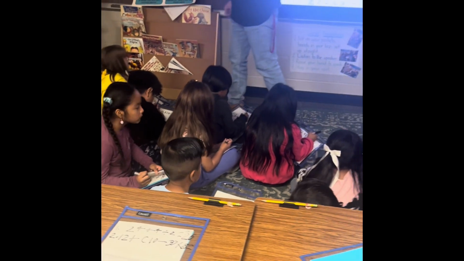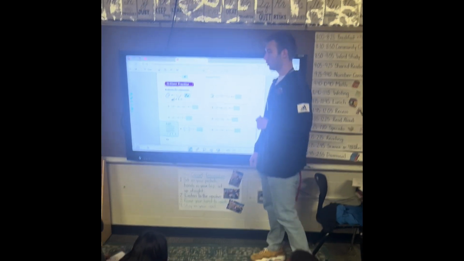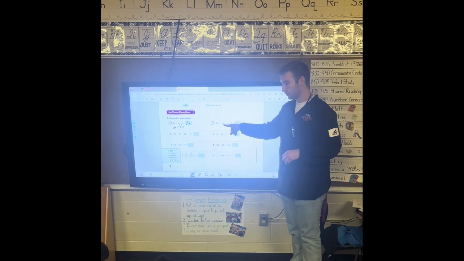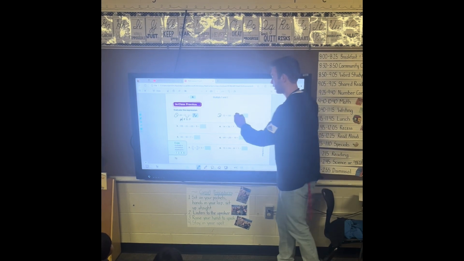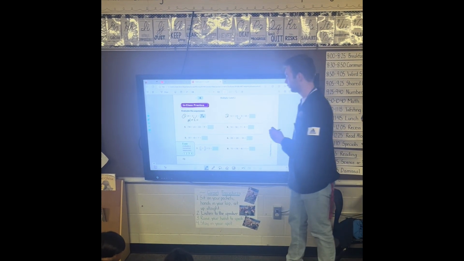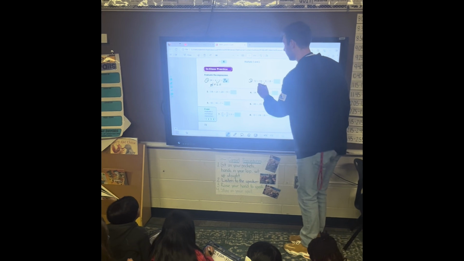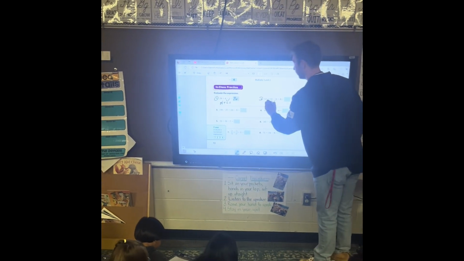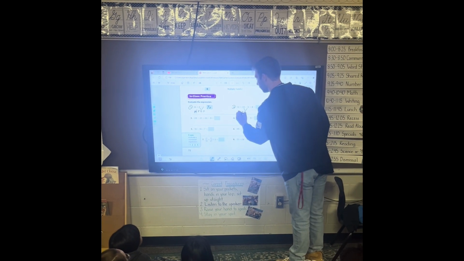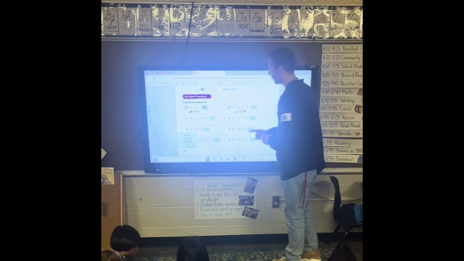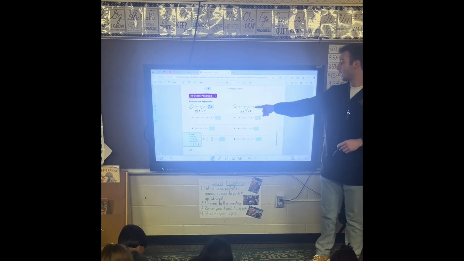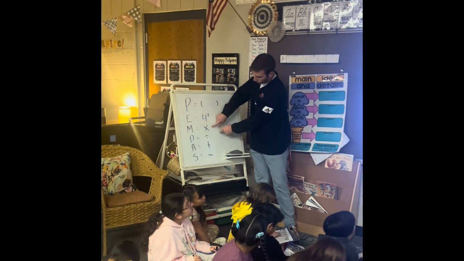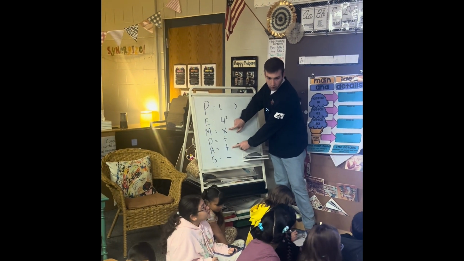Eyes up here. In PEMDAS, we do parentheses first. What do we need to do first? 10 minus 3. What's 10 minus 3? 7. So we put 7 down, and we also have to bring down our other numbers. Now we have 12 plus 7 times 8. What comes first, multiplication or addition?